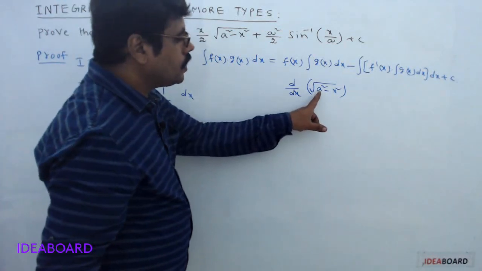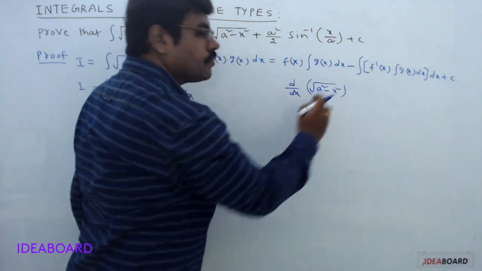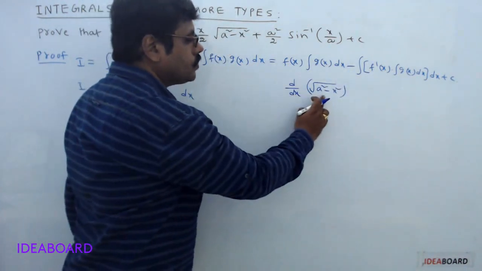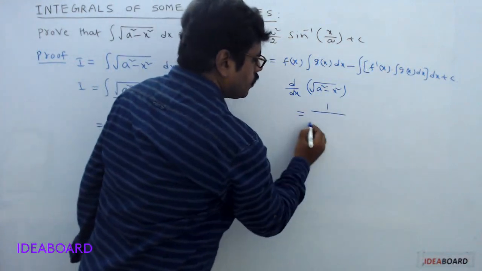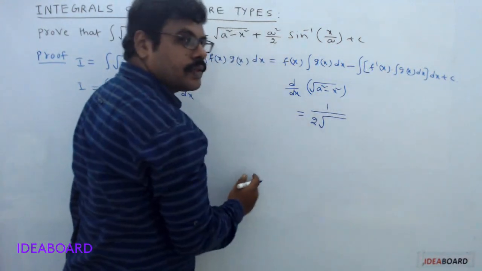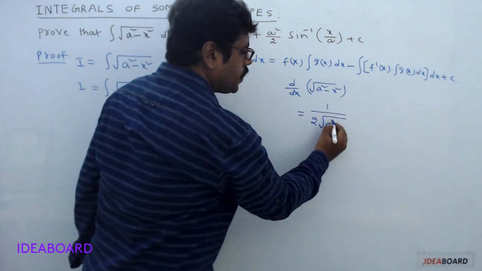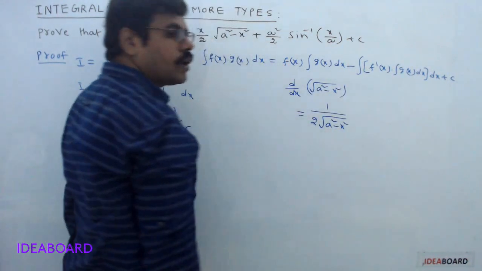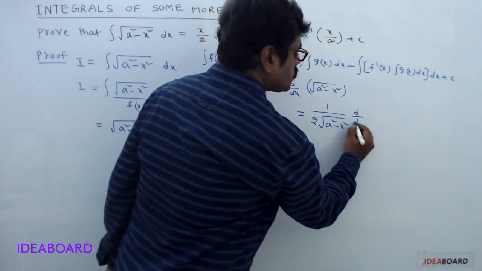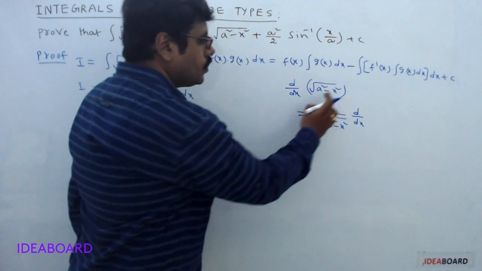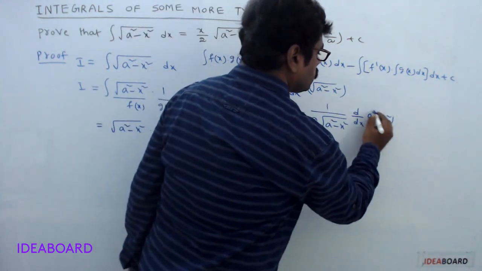If you consider a square minus x square as x, then it is of the form derivative of root x. Derivative of root x is 1 divided by 2 root x. Here x is a square minus x square. So 1 by root of a square minus x square into the derivative of x.